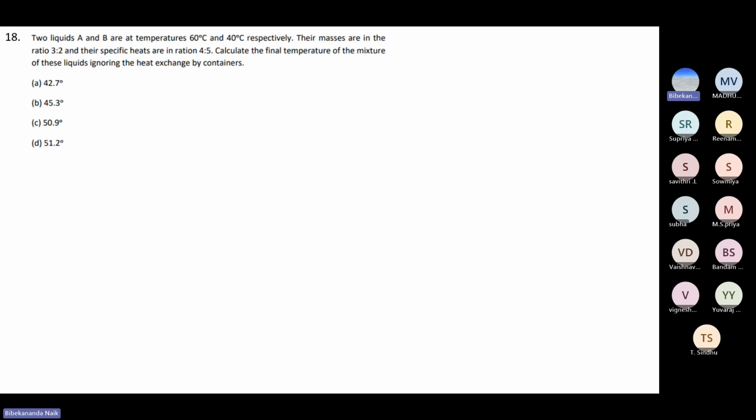So the two liquids were at temperature 60 degrees and 40 degrees. Here we don't know the final temperature, but we know that their masses are in the ratio 3:2 and their specific heats are in ratio 4:5. So we need to calculate what will be the final temperature of that mixture. And in this process, we will ignore the heat exchanged by the container. So only between the two liquids, we will consider the exchange of heat.